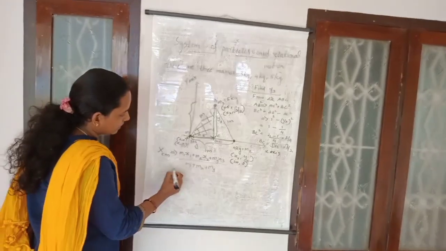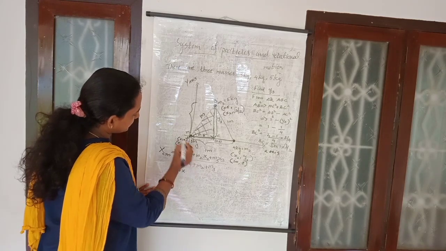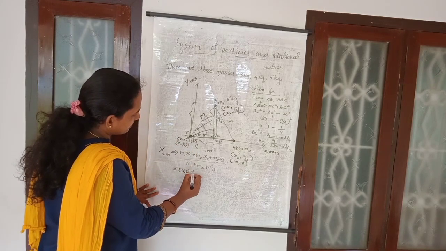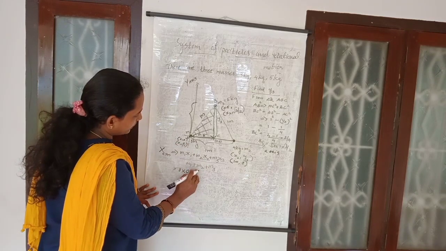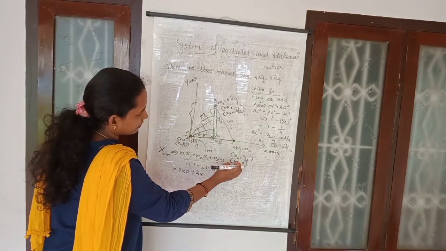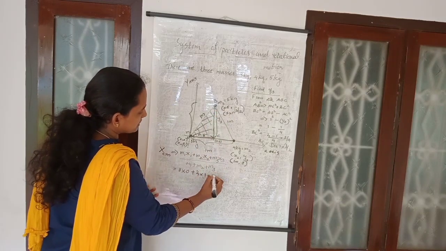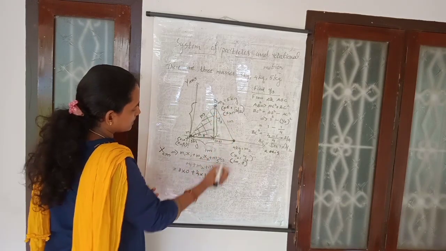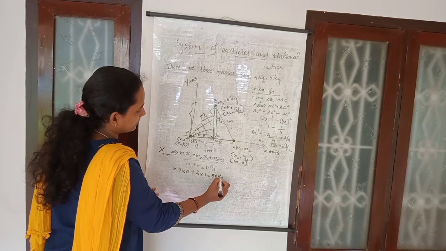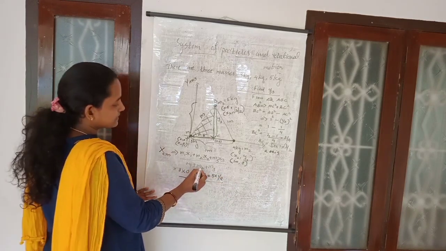M1 mass is 3 into X1, which is 0, plus M2 is 4 kg into X2, that is 1 meter, plus M3, that is 5, into half, that is 5 by 2, divided by M1 plus M2 plus M3.